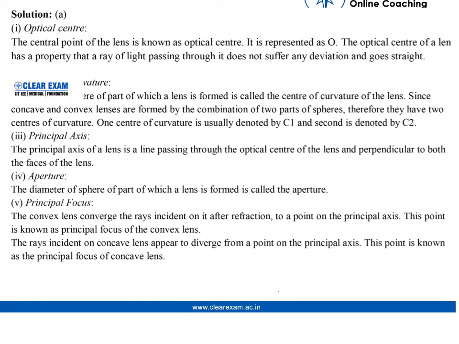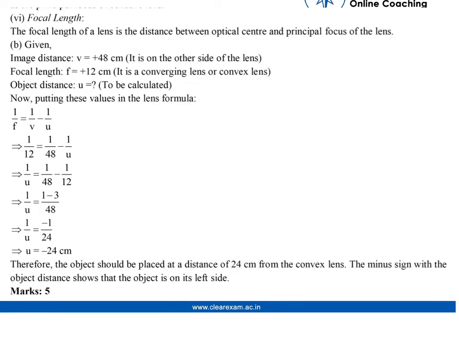So next part is the numerical. In this we are given image distance, meaning where the image is formed. Generally image distance is denoted by v, focal length is denoted by f, object distance is denoted by u.